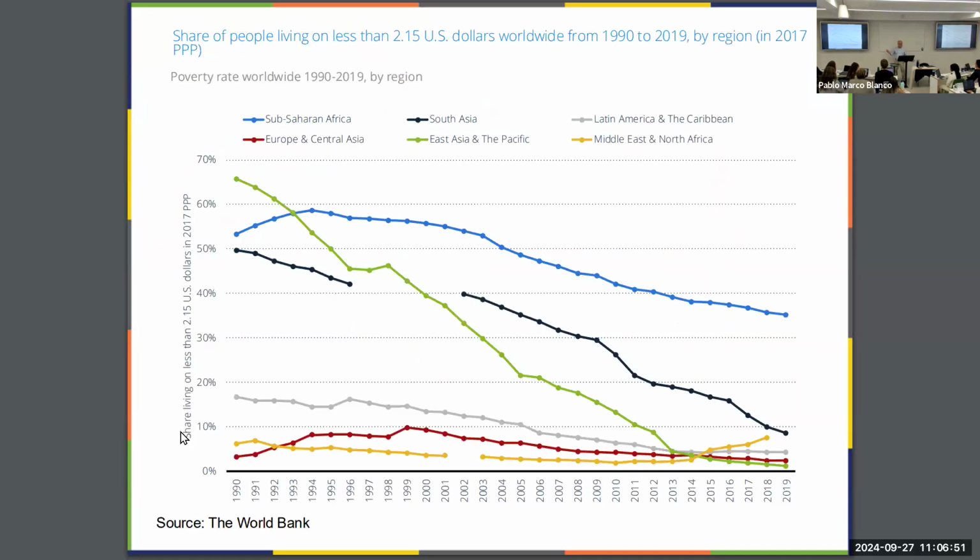Poverty starts going down. This is the good news. Poverty is going down in many places in the world. Because even if the system is imperfect, today even an informal worker in Africa or Latin America can generate enough money to be less poor or to be close to passing the line of poverty.